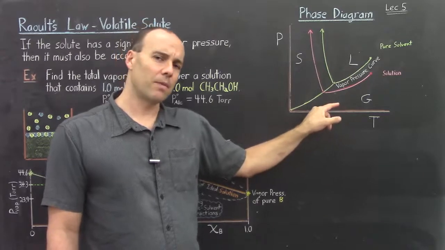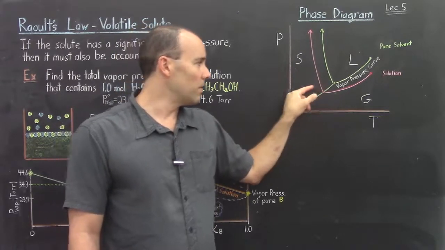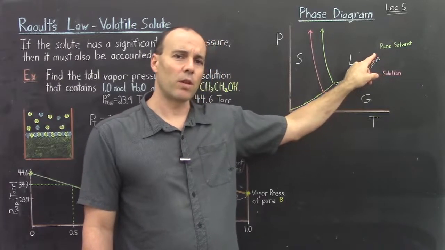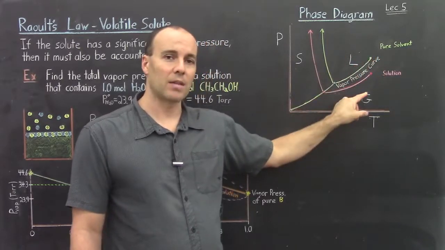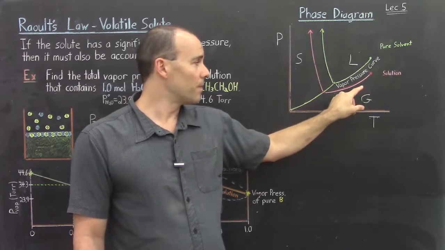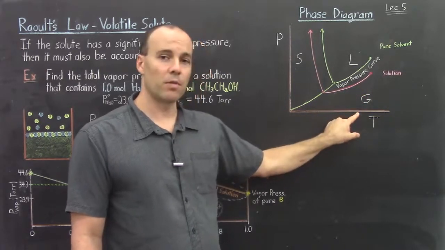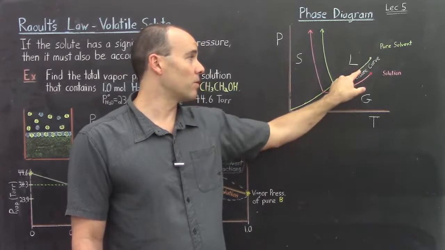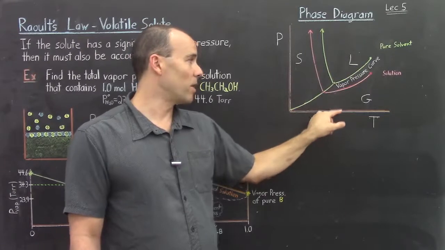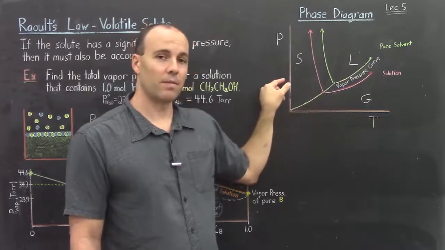Now, the vapor pressure curve is the line going up this way, and this represents the pressure where the liquid and gas are in equilibrium with each other. So at this temperature, water has a vapor pressure right here. At another temperature, water has a vapor pressure right here.